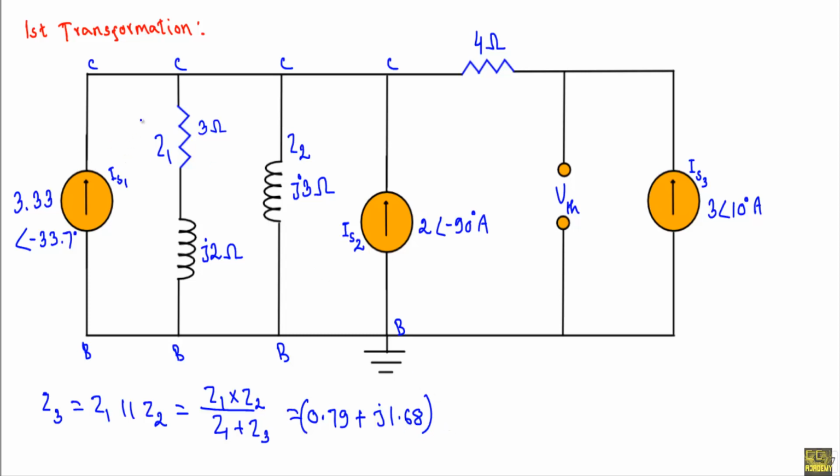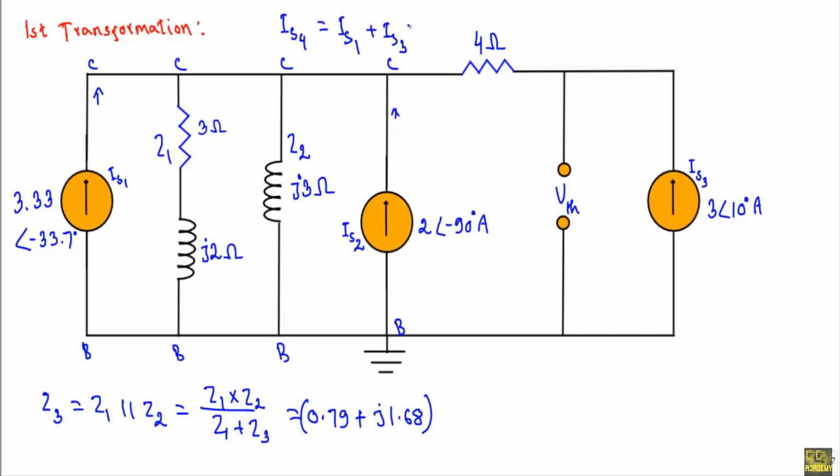Now see, in this direction IS1 is supplying current at node C. In the same direction IS2 is also supplying current. So I can merge the two current sources into a single one. That means IS4 will be equal to the phasor sum of IS1 and IS2. Here IS1 is equal to 3.33 phase angle minus 33.7 and IS2 is 2 phase angle minus 90 degree.